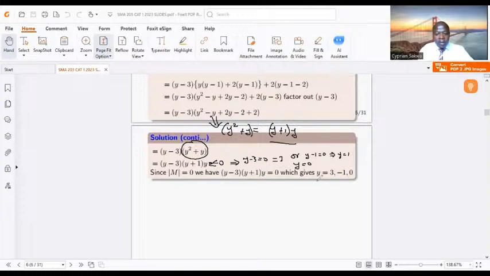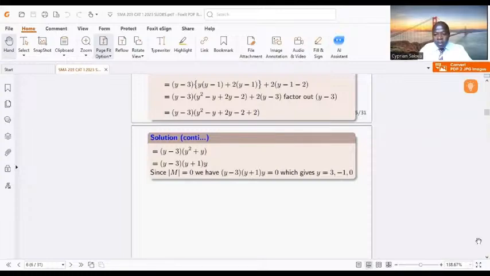That is why you find the results for y to be 3, negative 1, actually it's only supposed to be y plus 1, y plus 1 is 0. So it will mean that y is negative 1. So y is either 3 or negative 1 or 0. And so that is how that question was supposed to have been done.